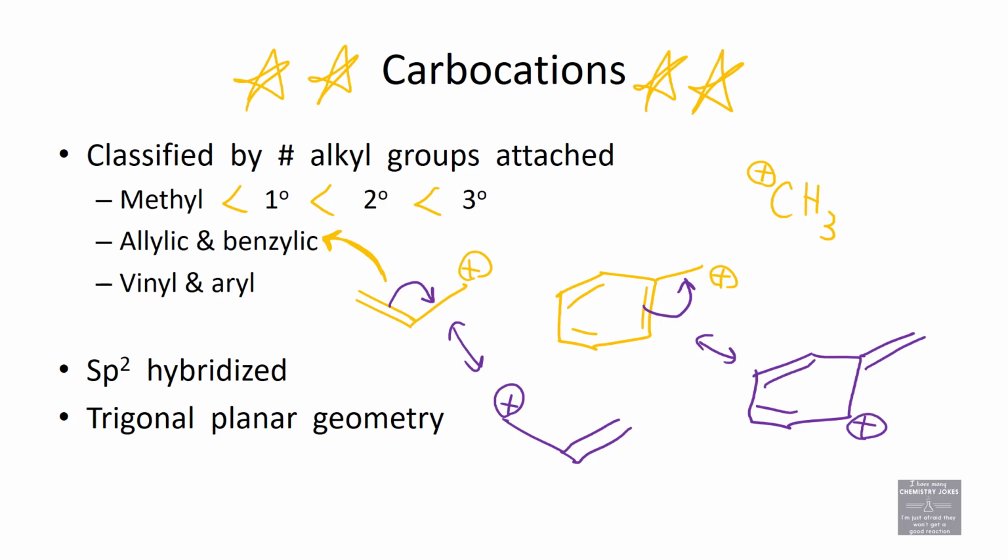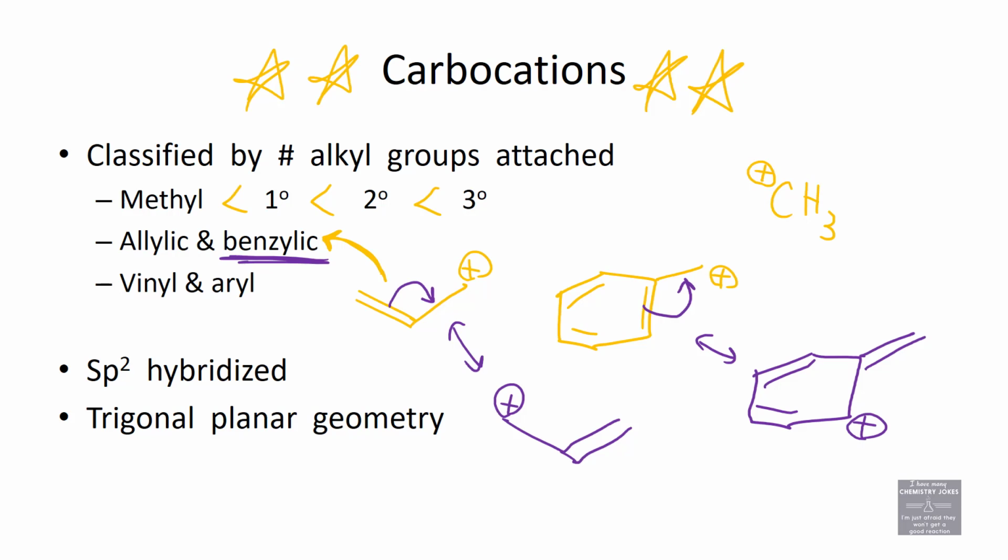I could draw lots more resonance of the benzylic one over here. So allylic carbocations always have 2 resonance contributors, at least. There could be other things connected that help out even more. Benzylic carbocations always have more than 2. So who do you think is more stable, allylic or benzylic? Benzylic is more stable than allylic because you have more resonance in benzylic carbocations.